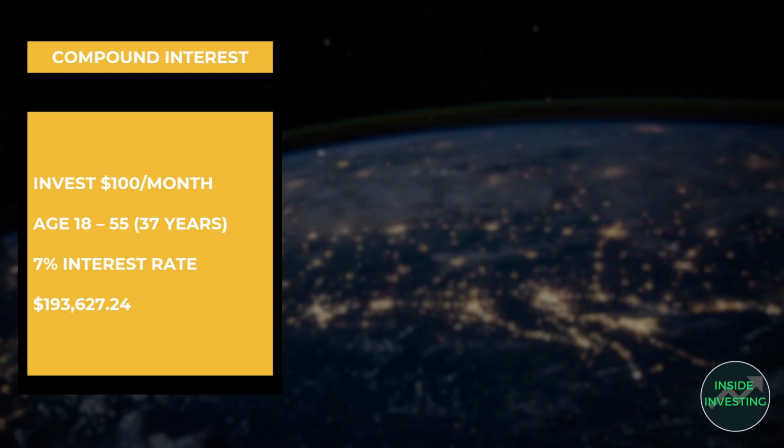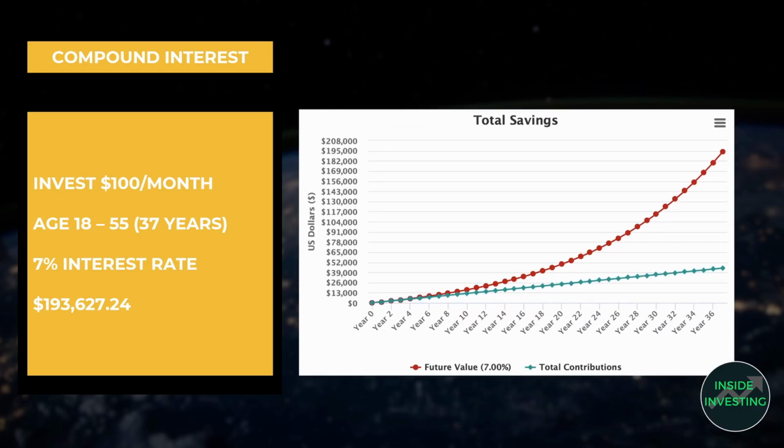So that's approximately 37 years long. You keep on investing $100 each month. At a 7% interest rate, that's going to result in around $193,000.